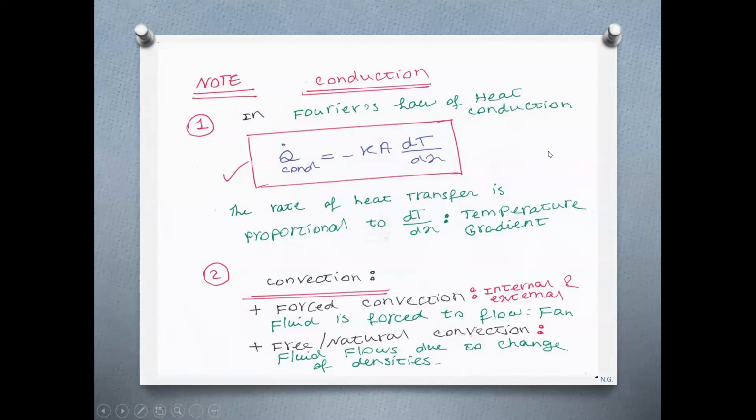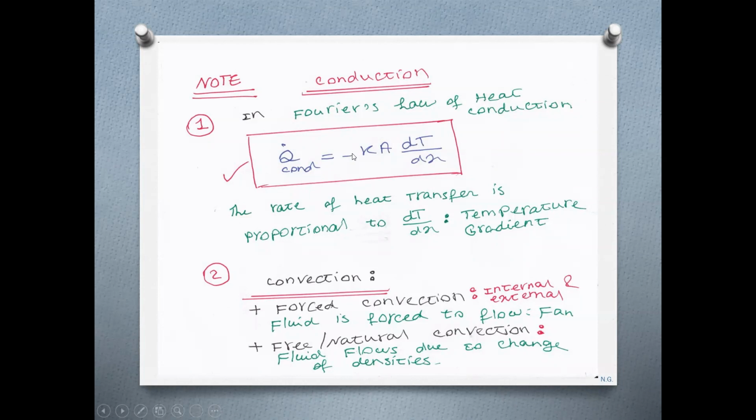If this is the direction for heat transfer from left to right, and here is the direction for positive x from left to right, then we know heat is always being transferred from higher temperatures to lower temperatures. So in the positive x direction, temperature drops. So if dx is positive, dT is negative. So the derivative of temperature with respect to x is negative, A is positive, k is positive.